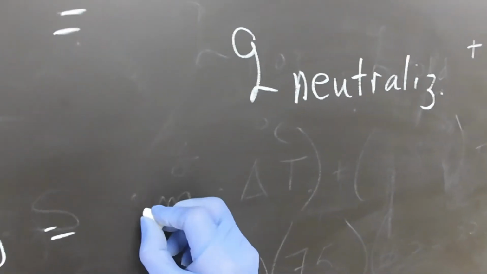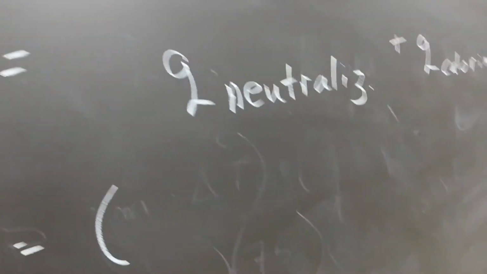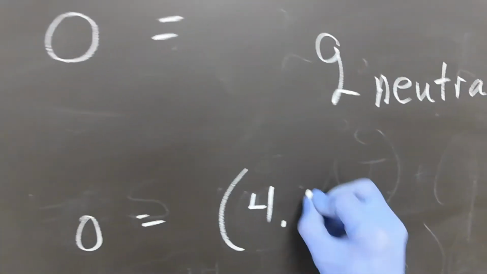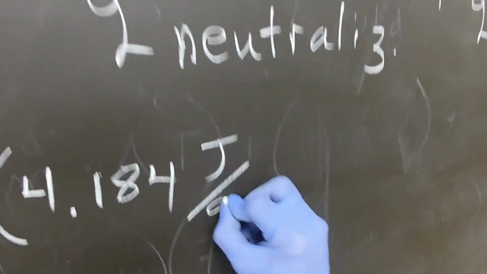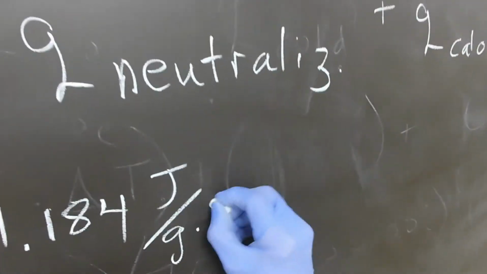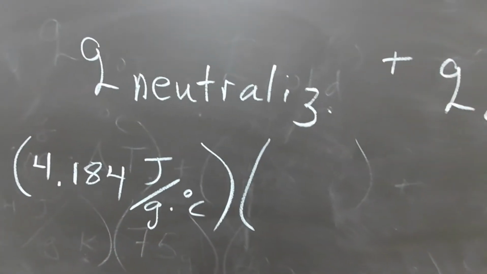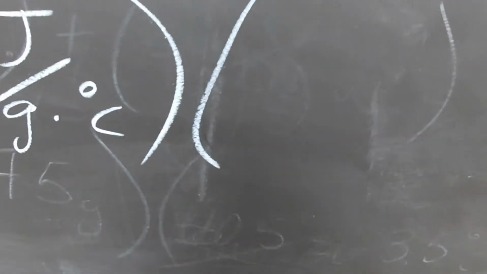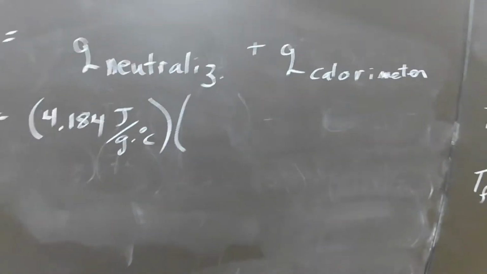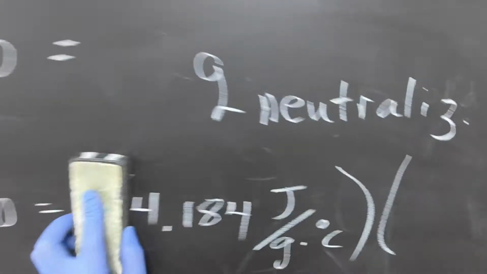You have the S for water, which is 4.184 joules per gram. Let's use degree C. Well, actually, no. We don't need that yet.